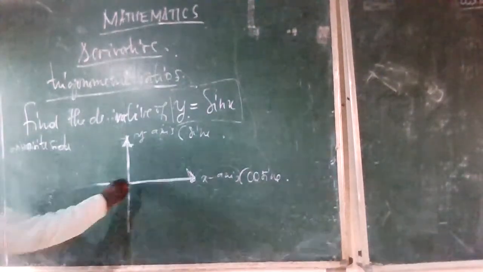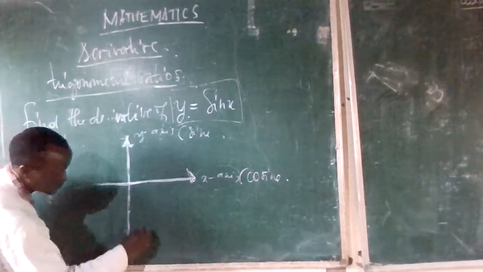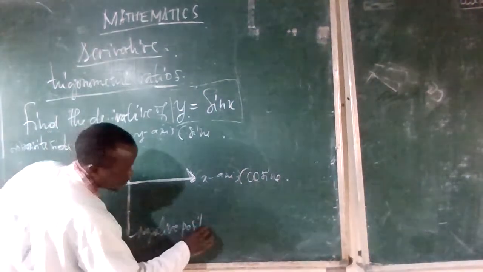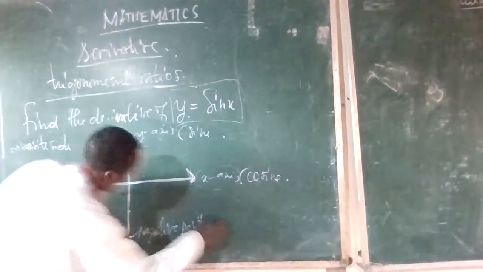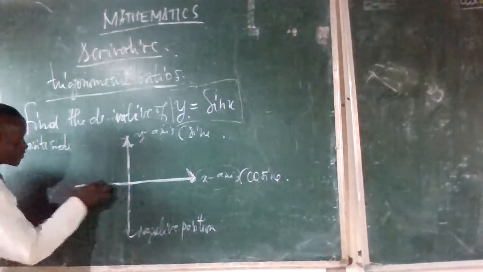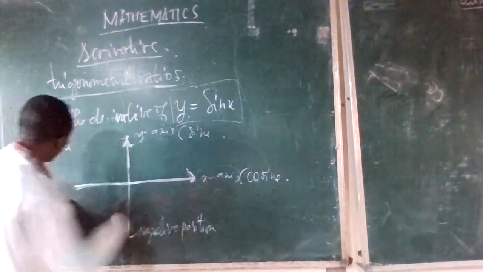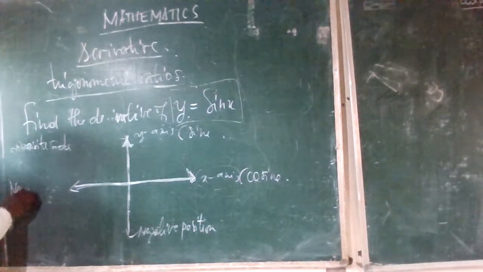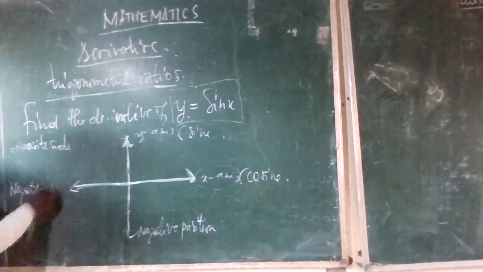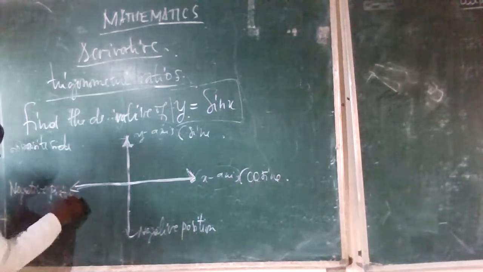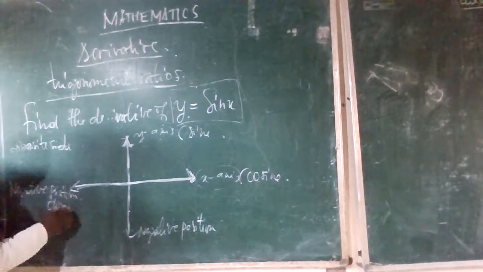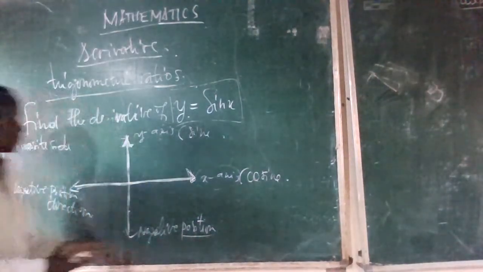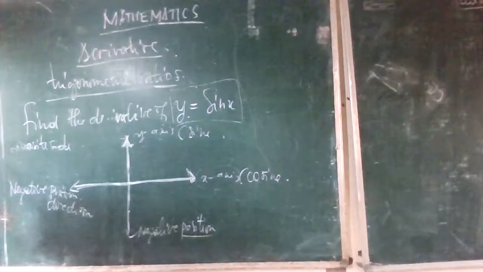You see here, down we have negative position, and here, the left side of our x-axis, we also have negative position or direction. That is what we are going to focus on.